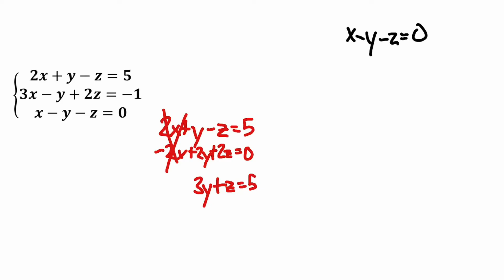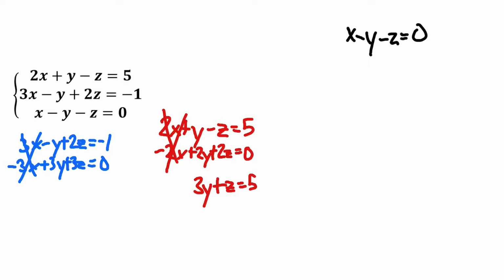Now let's try this again, but now we're going to use the second equation with the third equation. So 3x minus y plus 2z equals negative 1. And then on the bottom I'm multiplying by negative 3, so negative 3x plus 3y plus 3z equals 0. So these cancel out.